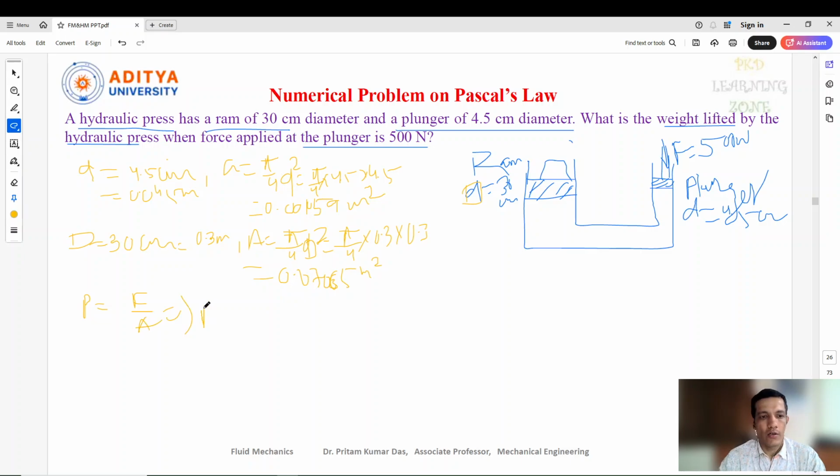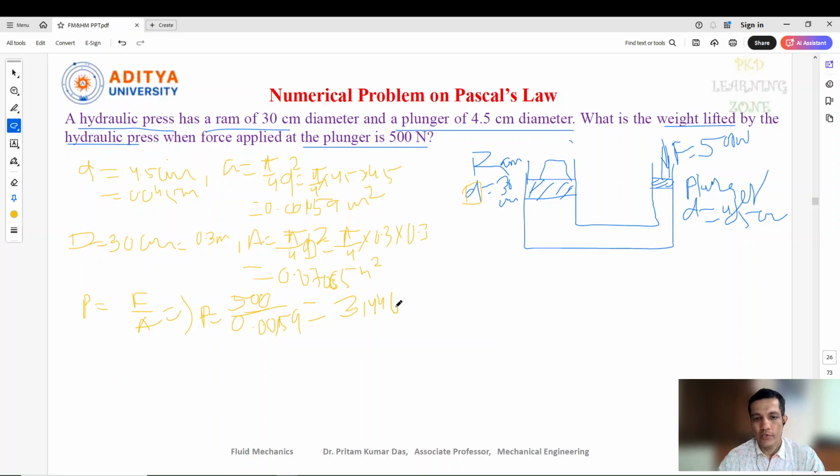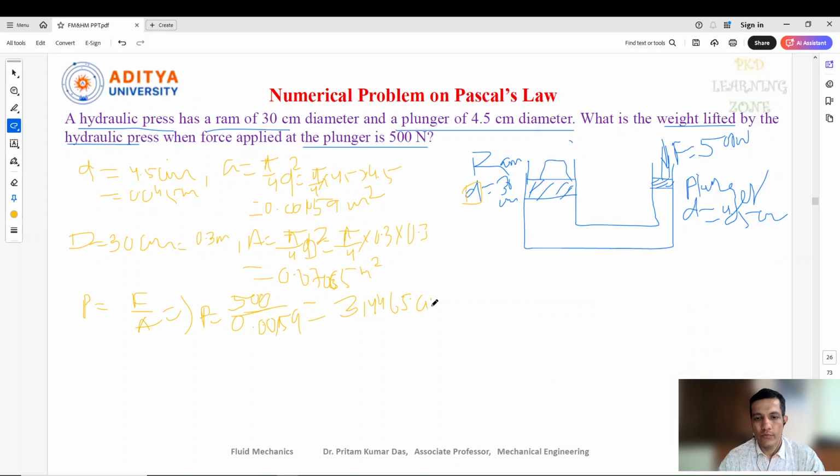So P equals 500 divided by 0.00159, which will be about 314,465.41 Newton per meter square. Okay, that much pressure is there.